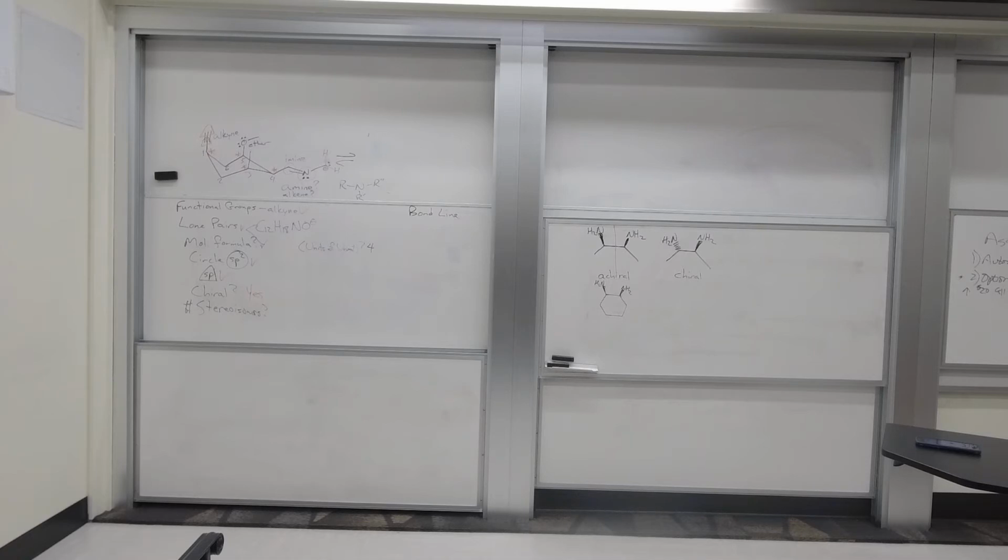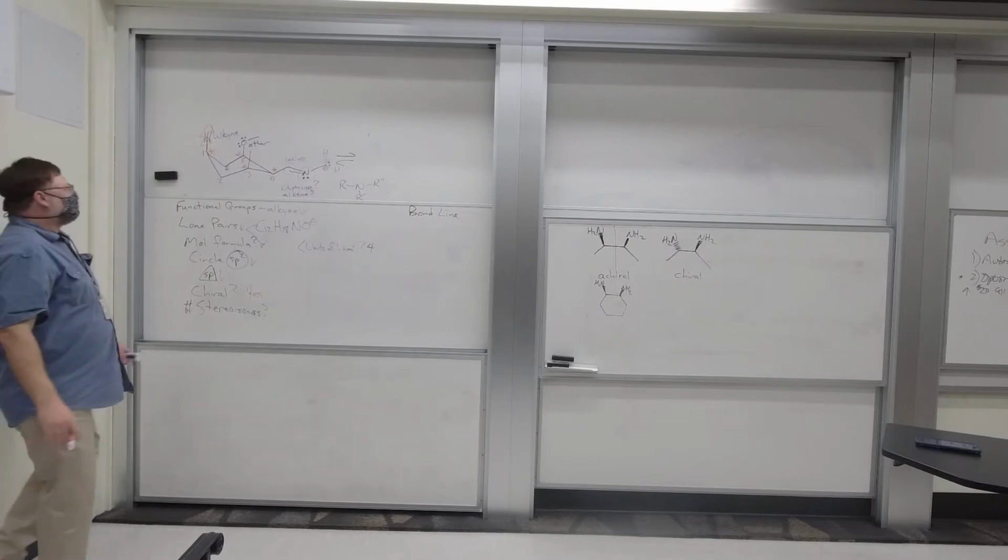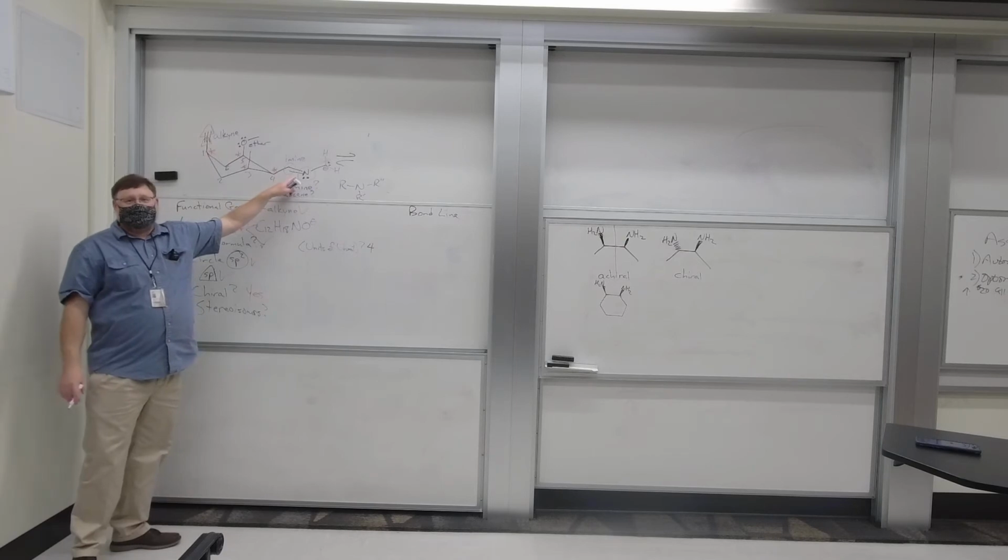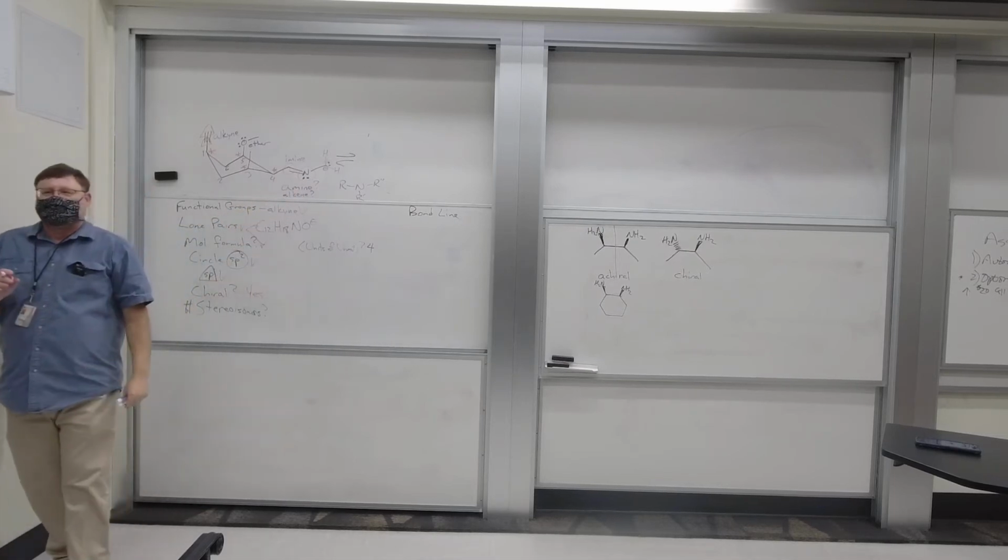Hang on just a second. So first of all, how many chiral centers are there? There are 4 chiral centers. For exam 1, because we got a snow day, you don't have to know about isomerizable double bonds. This double bond actually could isomerize, but let's just imagine for now that it can't. If that doesn't make any sense to you, don't worry about it. We'll get to it in the next unit.